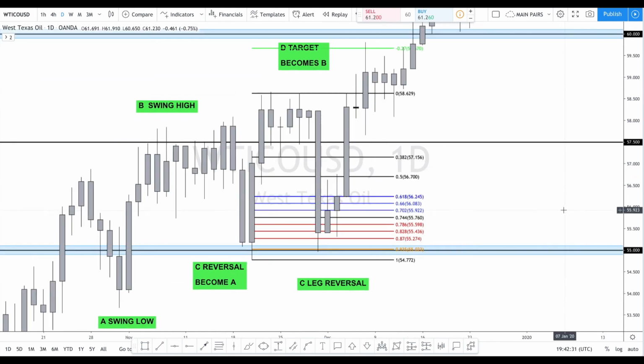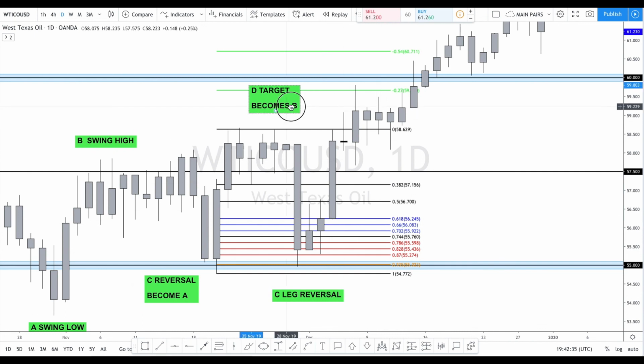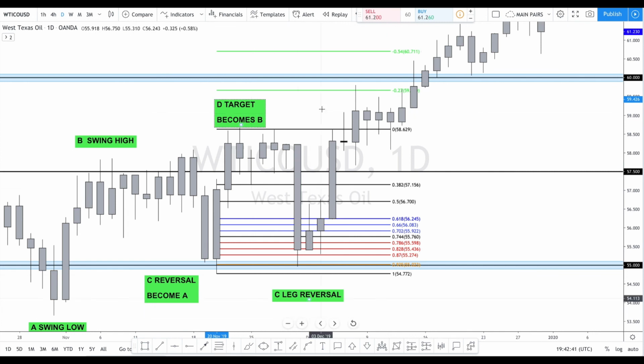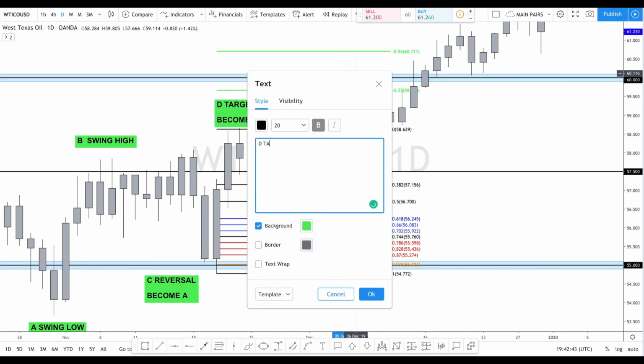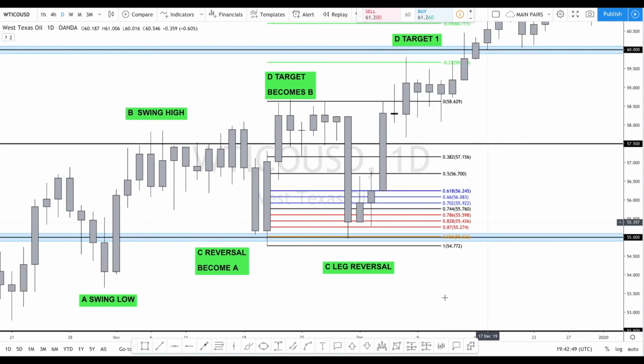So look at the risk to reward you could have had. If you understood the concept and you said, that's where I'm looking, first one will target here, then your D target would be here. The D target one is here. So look at the risk and reward, just to show you what is possible.